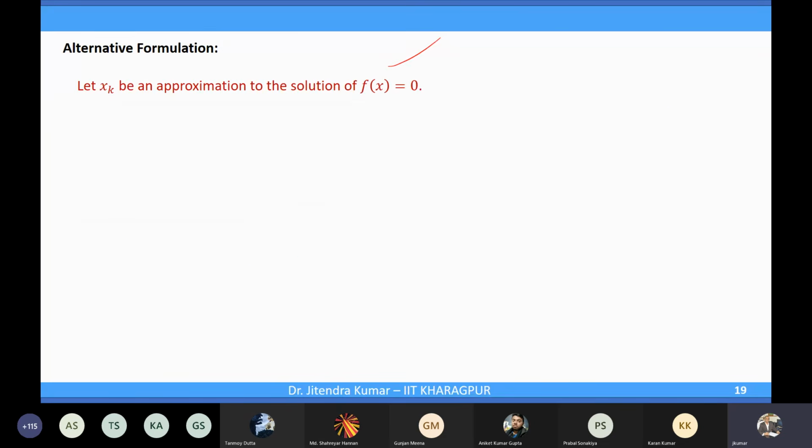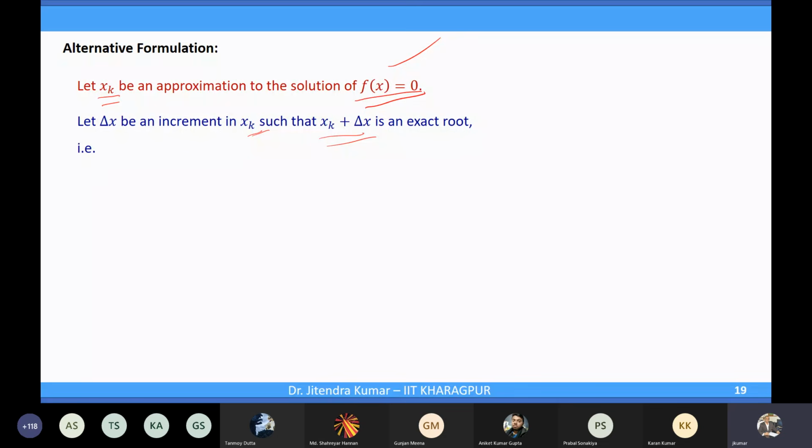Another way could be that you have this equation f(x) = 0 which you are solving, and let x_k be an approximation to the solution, and delta x be an increment in this x_k, so that x_k plus delta x is an exact root. This is our initial setup to derive the Newton-Raphson method.